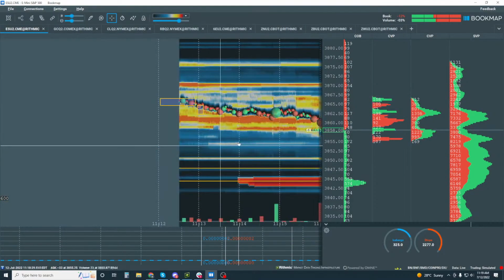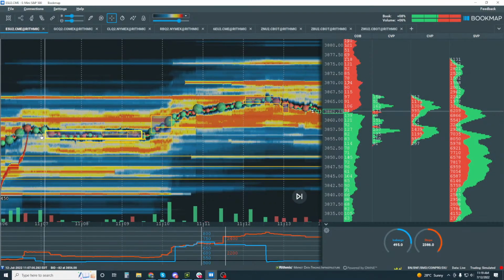And let's see, when did the market 1106? Now the market still went higher.